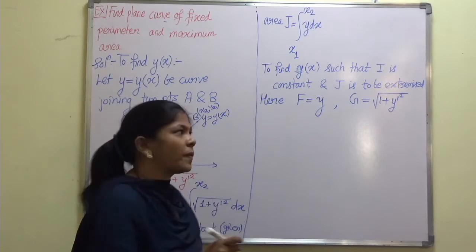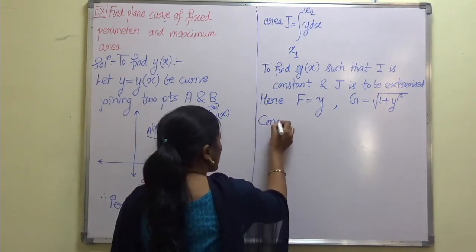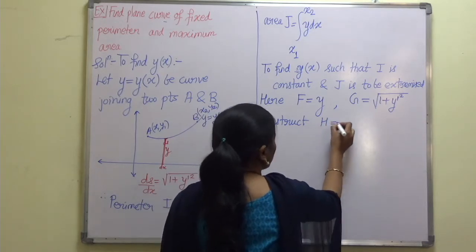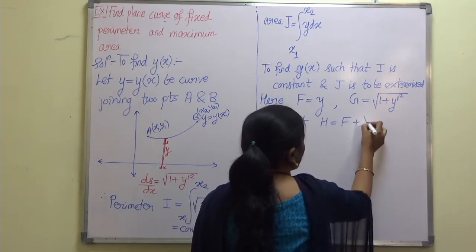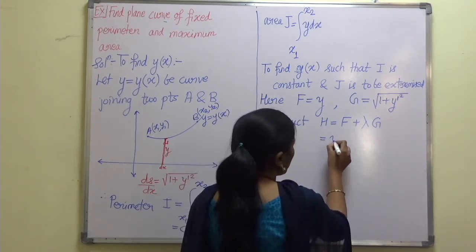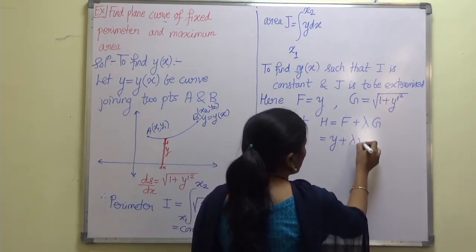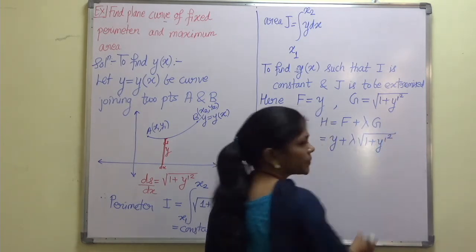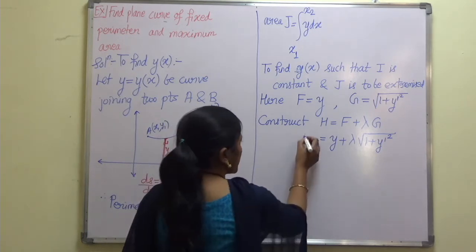Now we will construct a new function. Construct h equal to f plus lambda g. So that is equal to y plus lambda times under root of 1 plus y dash square. So that is h.